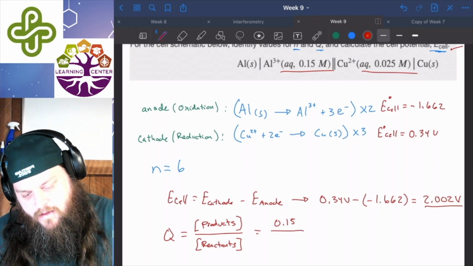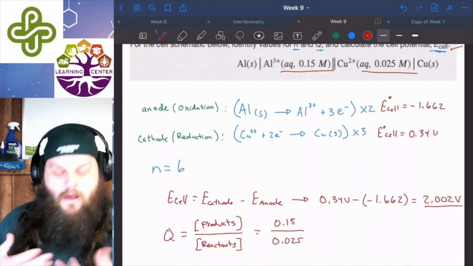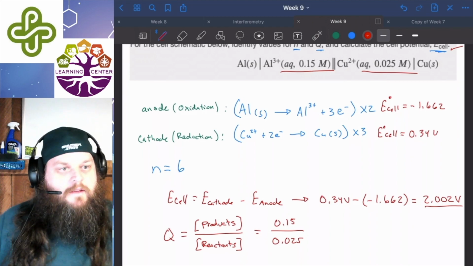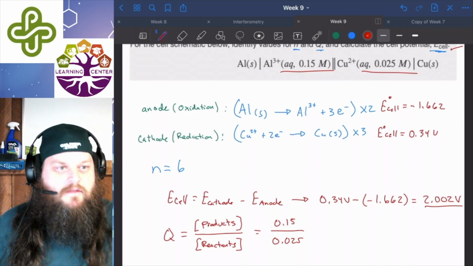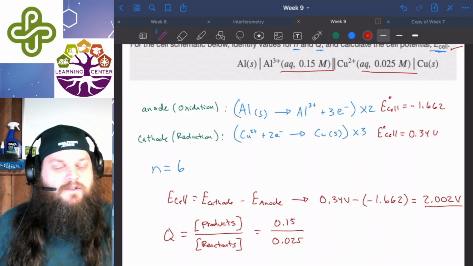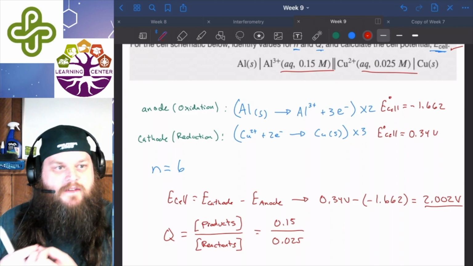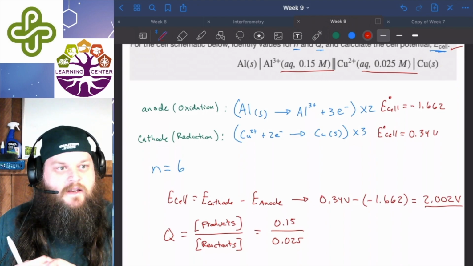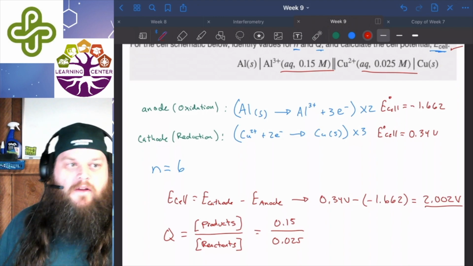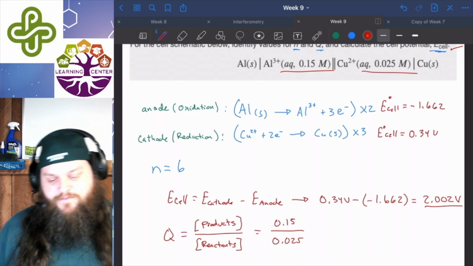divided by 0.025. And I know that the aluminum 3 plus is the product because it's being oxidized, right? So when we write this left to right, we're going to start out with that aluminum solid on the left side, reactant side, and it's going to turn into aluminum 3 plus on the product side.